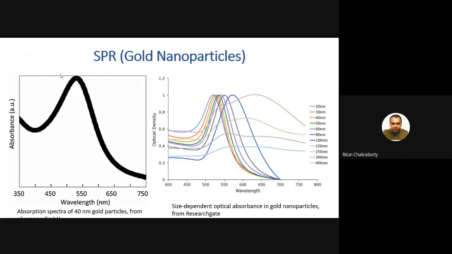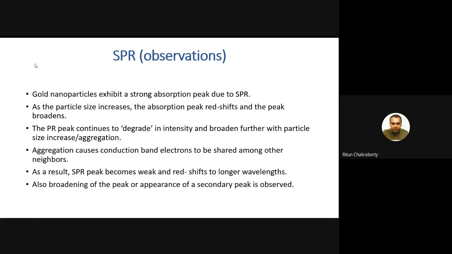Later, maybe you can check one of my YouTube videos uploaded recently. There I have shown the absorption peak of zinc oxide, and compared to that, you will find that this particular absorption peak is much stronger. That is why we have written gold nanoparticles exhibit a strong absorption peak due to surface plasmon resonance.